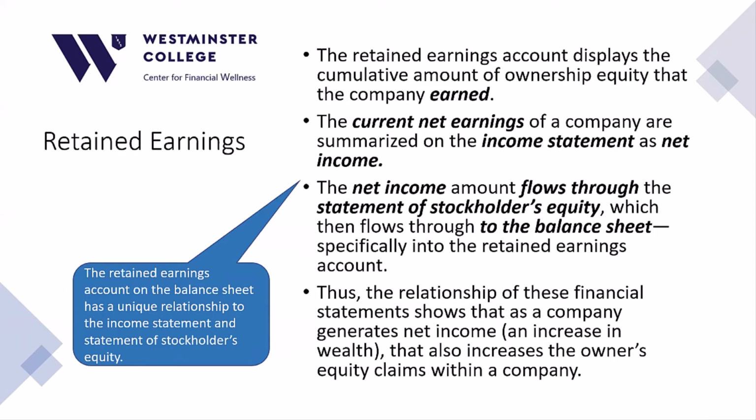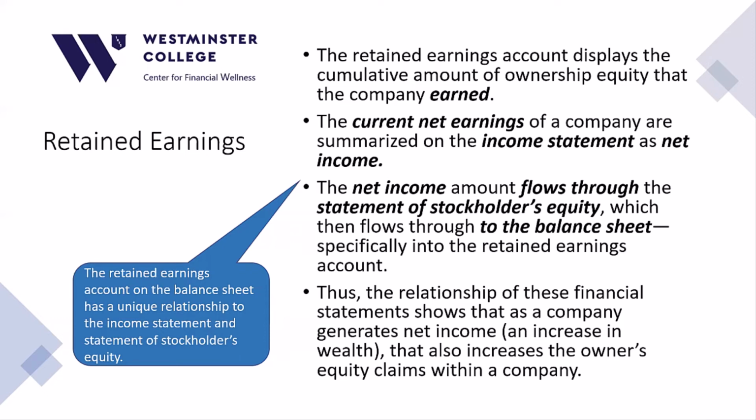Its bottom line, net income, is revenues minus expenses. So these two amounts, the retained earnings on the balance sheet and the net income on the income statement, must relate somehow, right?